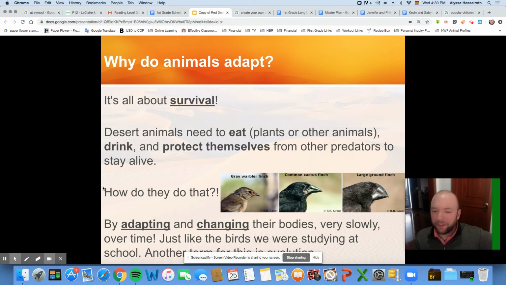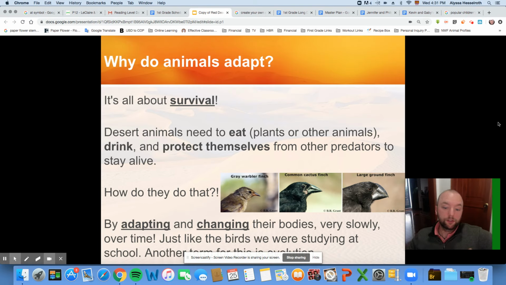But how do they do that? By adapting and changing their bodies very slowly over time, through having lots of babies and generations of animals, that's how they adapt. They change a little tiny bit every time they have a new animal, a new baby. A great example is just like the birds that we were studying at school.